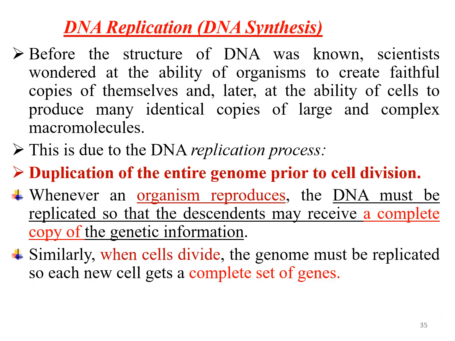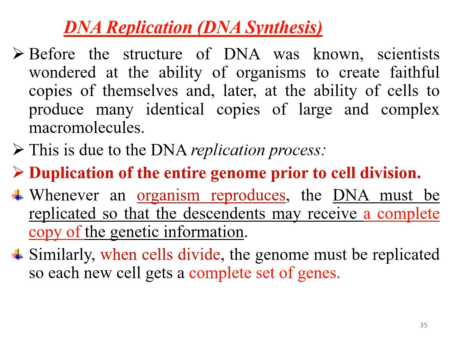The next new topic is DNA replication or DNA synthesis. Before the structure of DNA was known, scientists wondered at the ability of an organism to create faithful copies of itself, and later at the ability of the cell to produce many identical copies of large and complex macromolecules. This is due to the DNA replication process. There is always duplication of the entire genome before cell division.